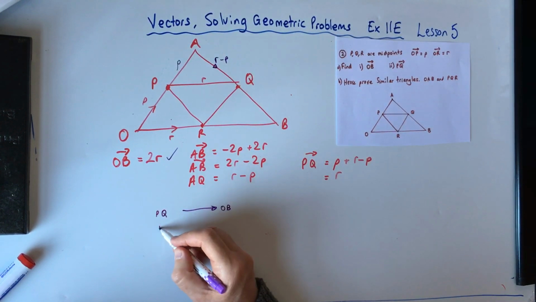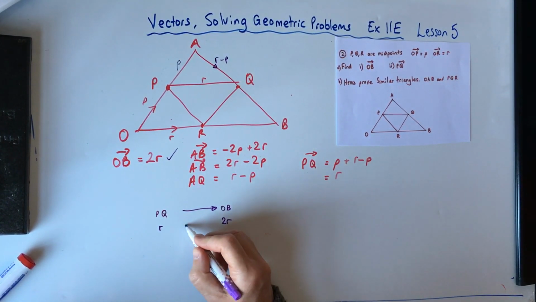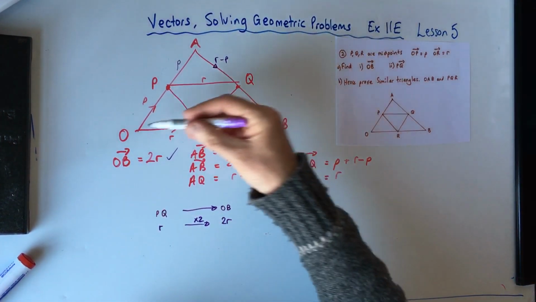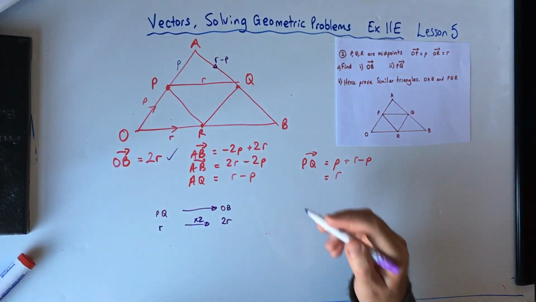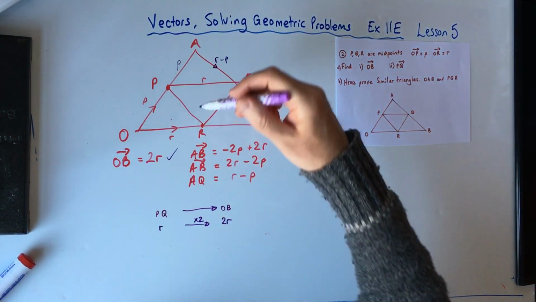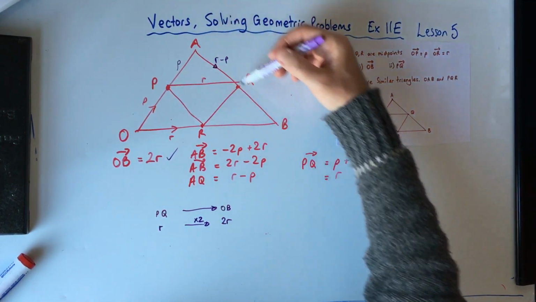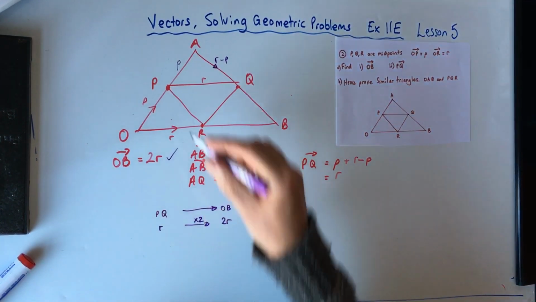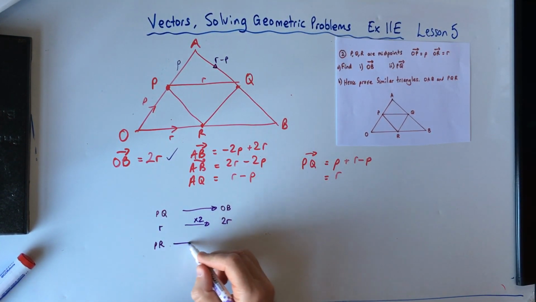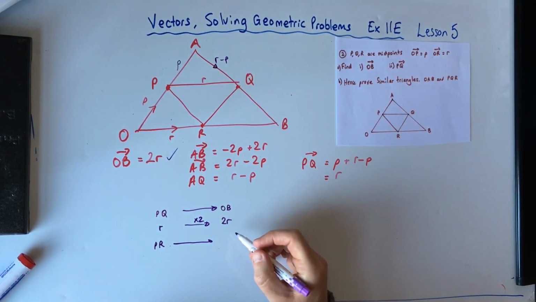Well, PQ is R and OB is 2R. In other words, it's twice the size. So that corresponds to double that one. If we turn this upside down, you can sort of see. Now, the corresponding sides are this one and this one, aren't they? So I want you to compare PR to AB.